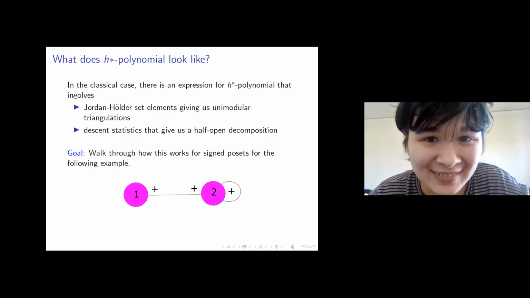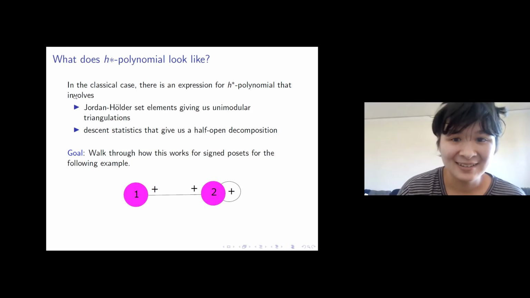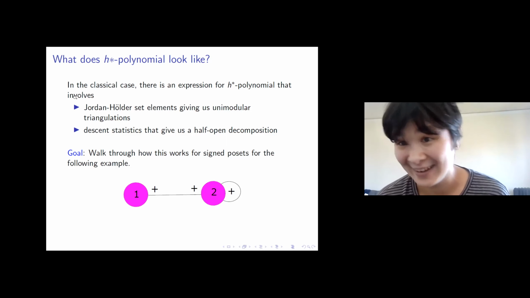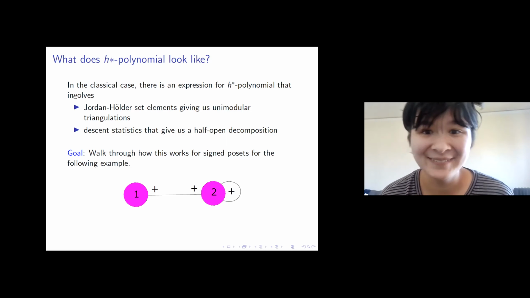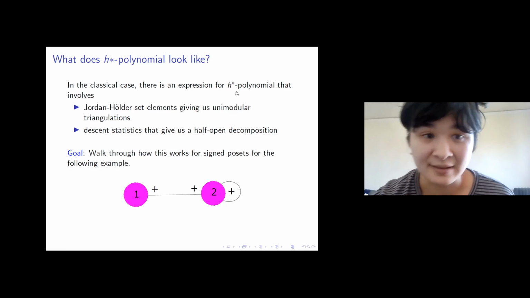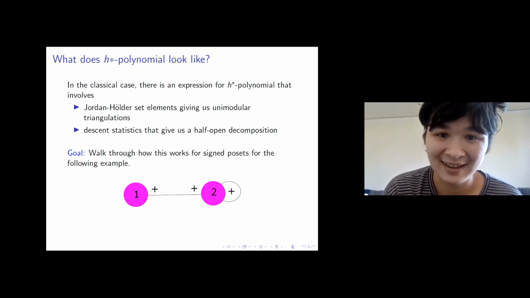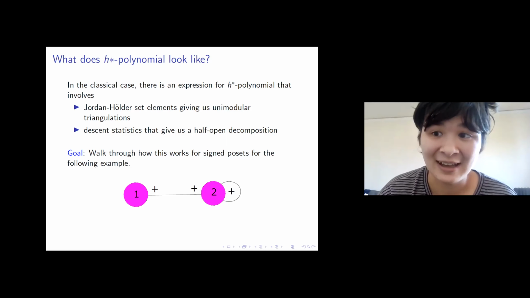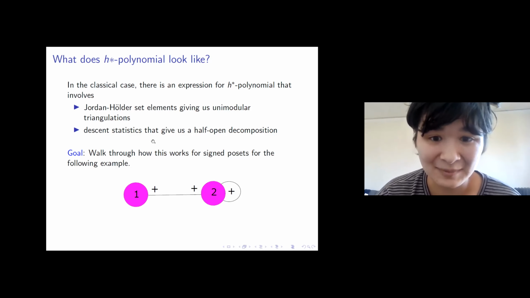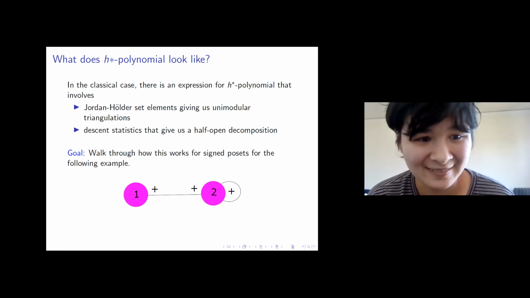So thank you very much. Colin asked a question about the H-star polynomial. In the classical case with just regular old posets and their regular old order polytopes, there is a way to come up with the H-star polynomial that involves finding the Jordan-Holder set elements, which I will define later, and use descent statistics on those elements.